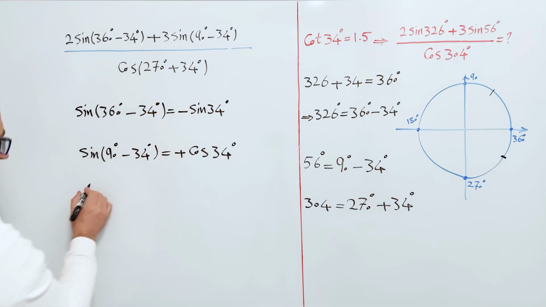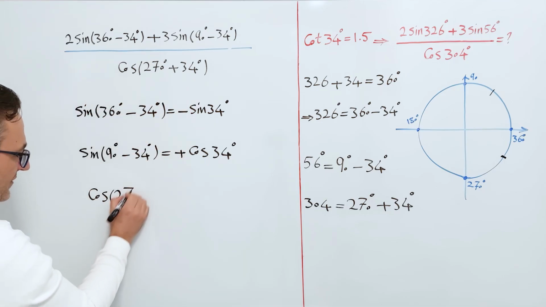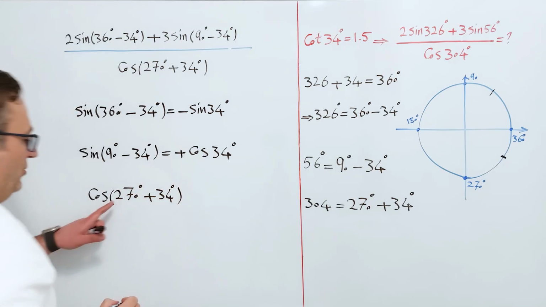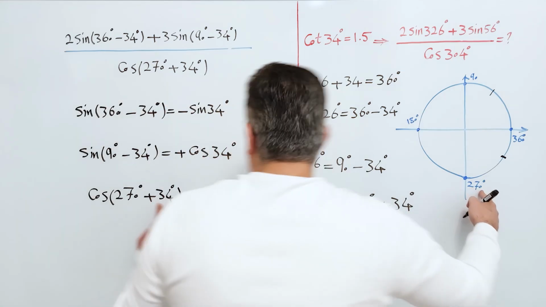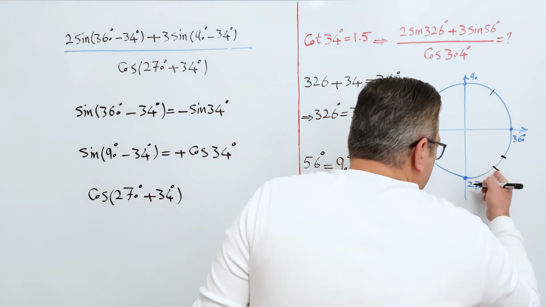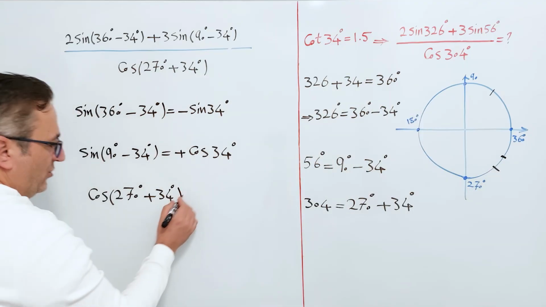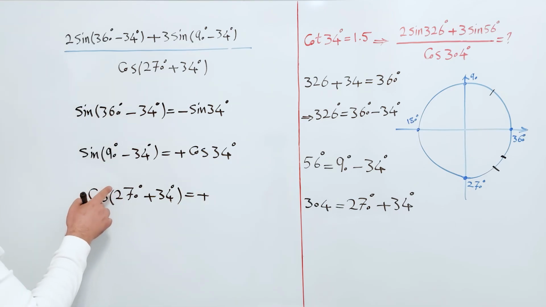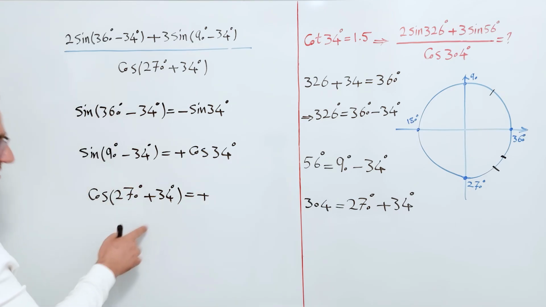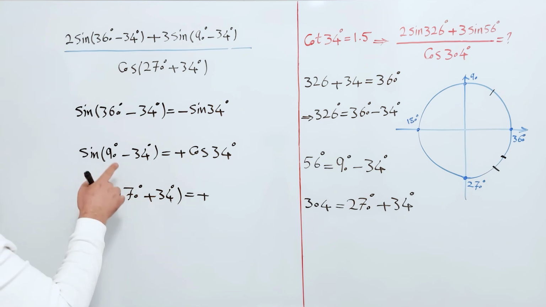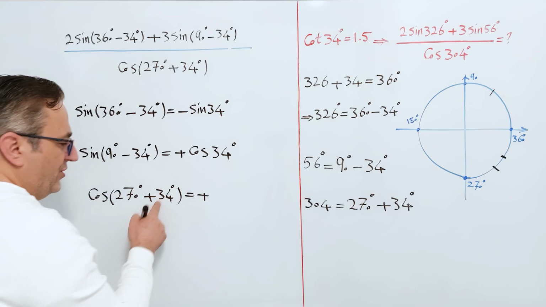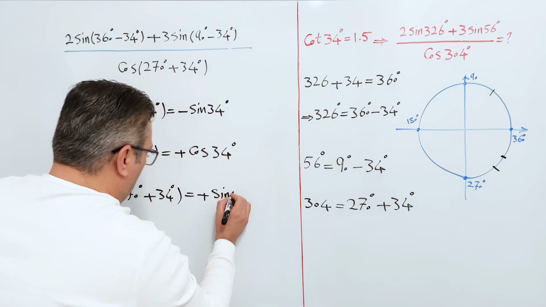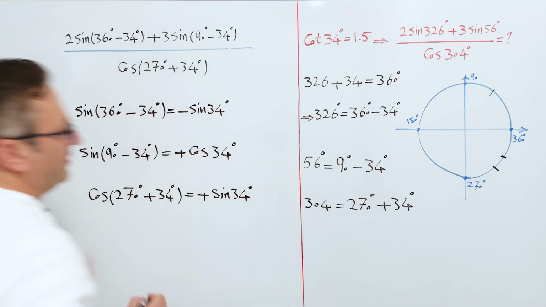And finally, cosine of 270 degrees plus 34 degrees is in the fourth quadrant. So the sign of cosine is positive and 270 degrees changes the function, so cosine of 270 degrees plus 34 degrees is equal to positive sine of 34 degrees.